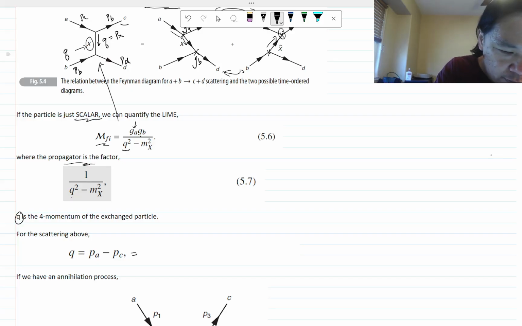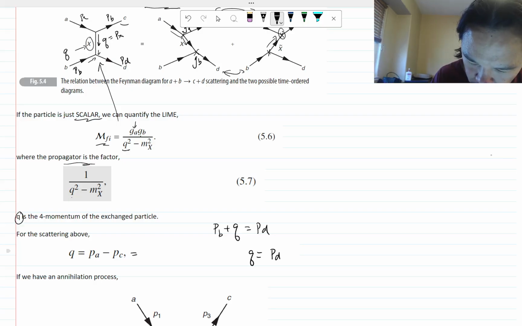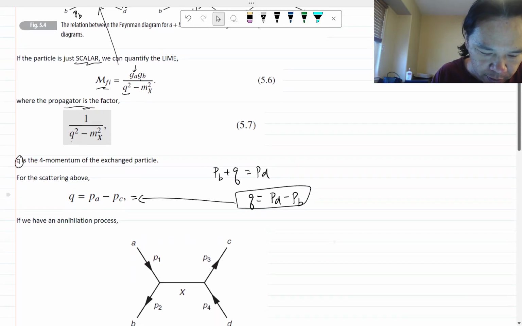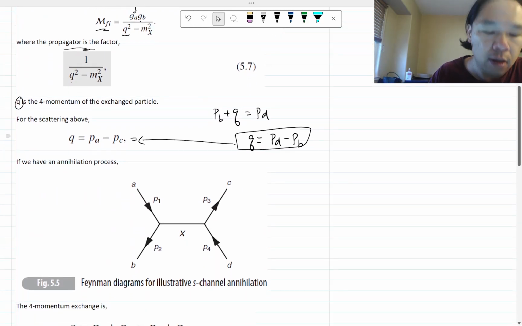If you have these two coming together, you have the equation that momentum PB plus Q equals PD. Therefore, Q is PD minus PB. So you have two different ways to calculate the same thing, depending on which variable you use. One will be better than the other. So that's for the scattering case.